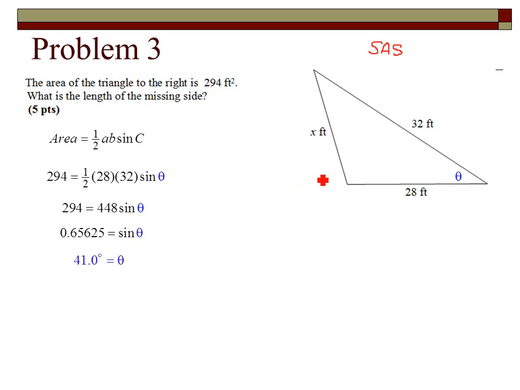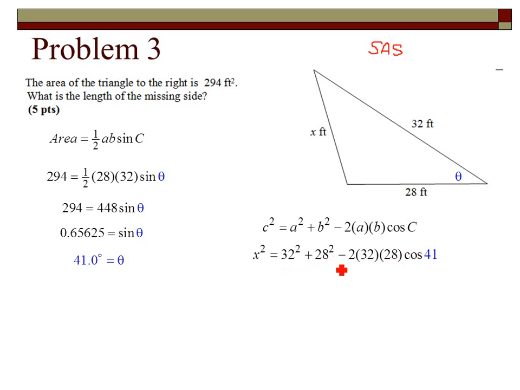Now, once I know this is 41 degrees, I will be able to use law of cosines because I have side, angle, side. So plugging in, we have x squared is equal to 32 squared plus 28 squared minus 2 times 32 times 28 times the cosine of 41.